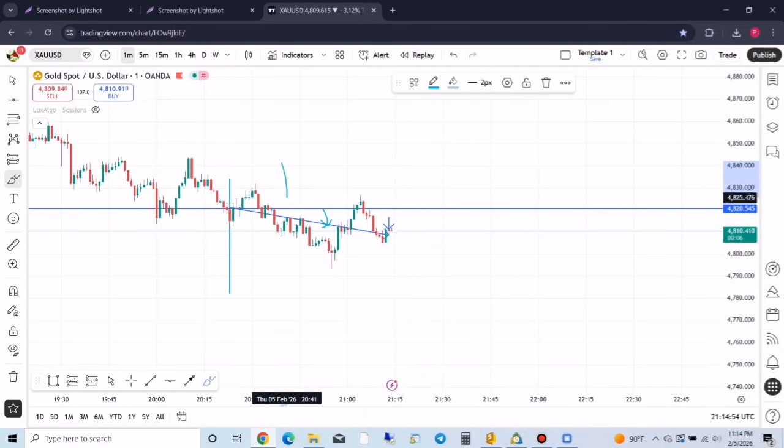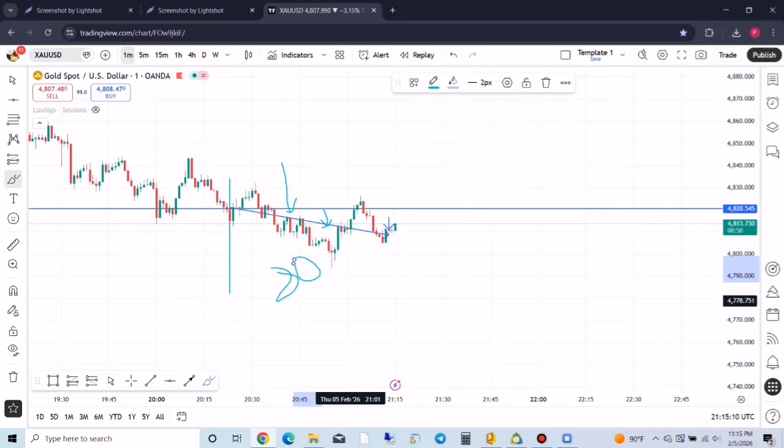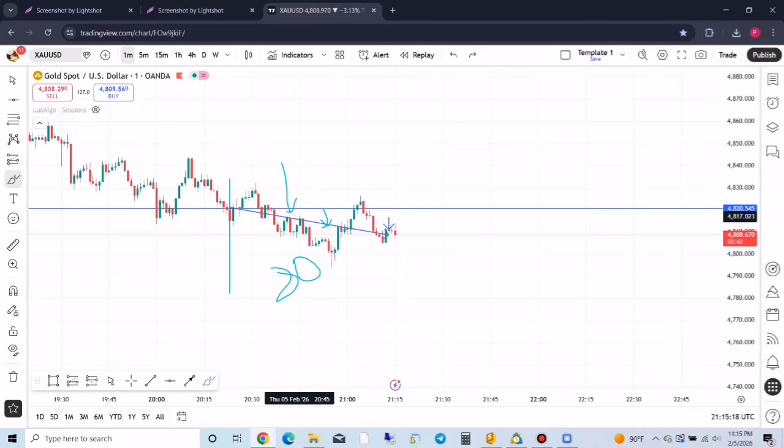I have conditions for this angle: if this angle becomes above 80 degrees, it will mean that there is a spike in the market. Normally, if price is moving, as you can see right now, price is not opening this candle that much.